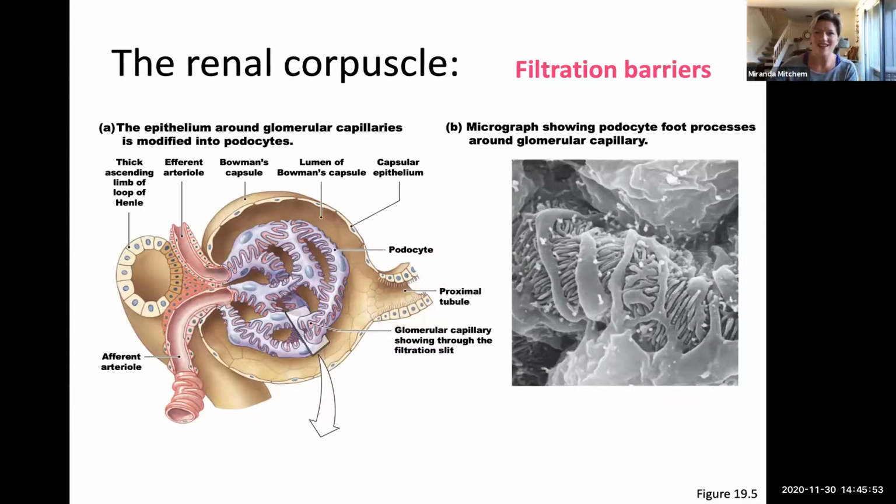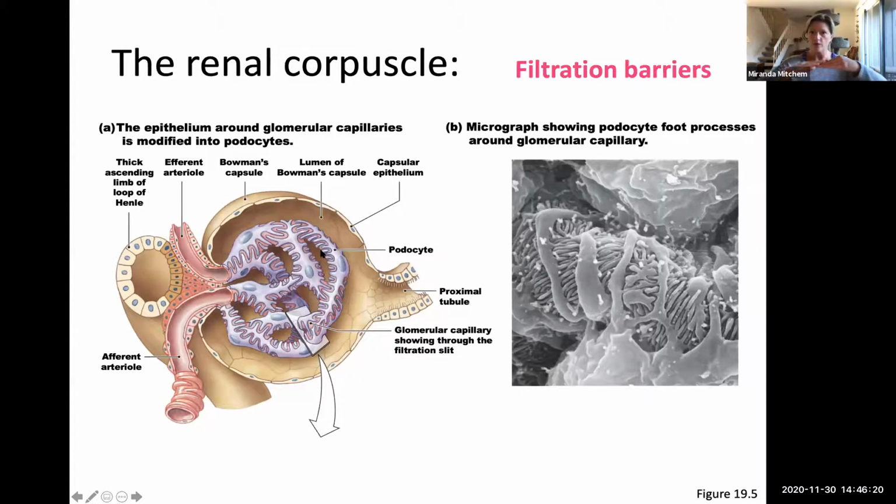All right, so now let's take a look at how these different filtration barriers work. So all of this is the corpuscle. We've got the glomerulus and then the Bowman's capsule. These purple structures that are wrapping around the vessels of the glom, well, these are the podocytes, and they can actually move.